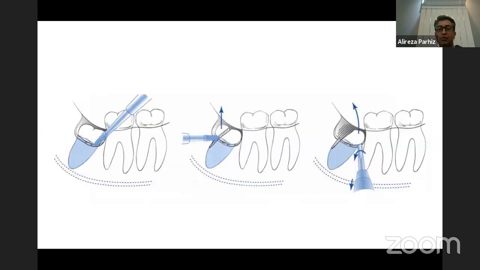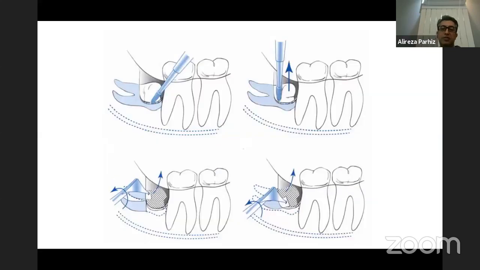After making a good incision and exposing the third molar, to remove a mesioangular third molar, we have to make a dental cut at the distal part of the impacted tooth, to remove the distal part and make enough space to push the impacted tooth distally and remove the whole tooth.